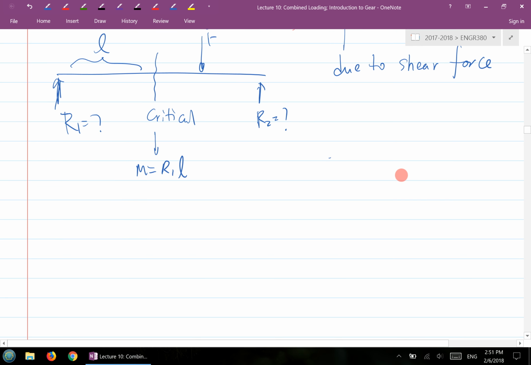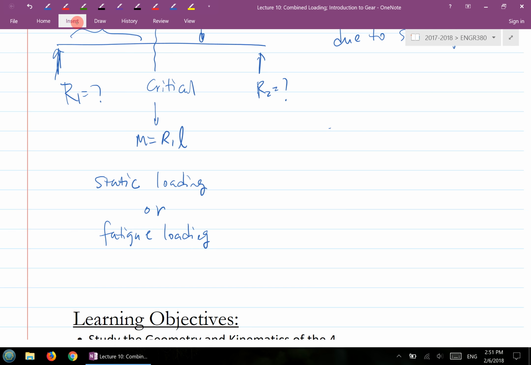Ask yourself: static loading or fatigue loading? This is a big question you have to ask yourself before answering the question. Often I find that students confuse the question.